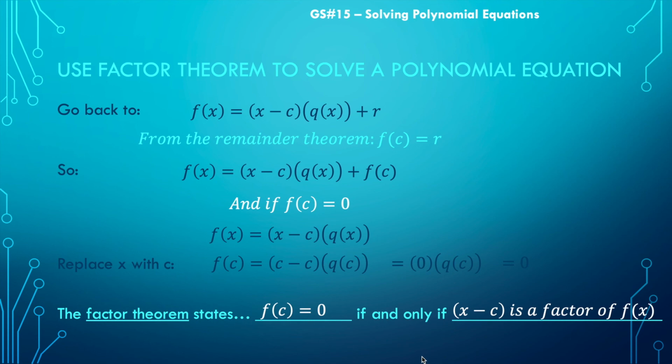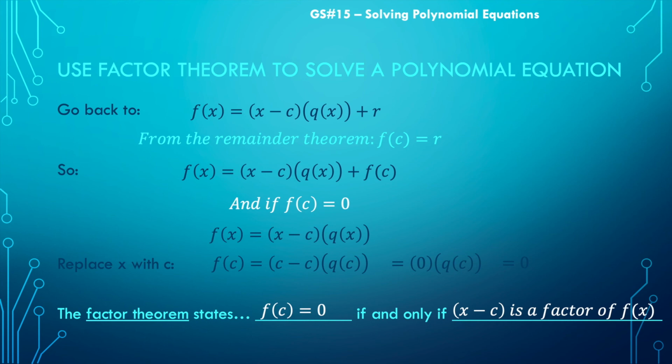That if and only if statement means that if the first piece is true, then the second piece must be true, and vice versa. If the second piece is true, then the first piece must be true. So how can we use that?